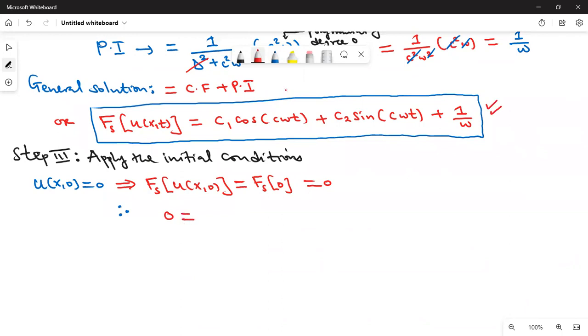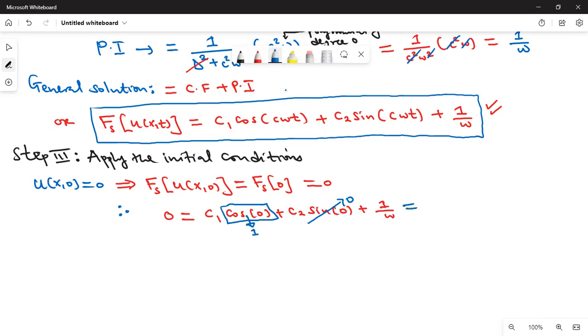So 0 is equal to, and remember cosine of 0 is 1 and sine of 0 is 0. So this is the same as C1 cosine of 0 plus C2 sine of 0 plus 1 over omega. Just like I've said, sine of 0 is 0, so this term will vanish, and cosine of 0 is 1.